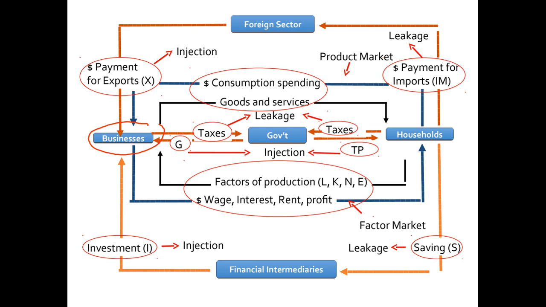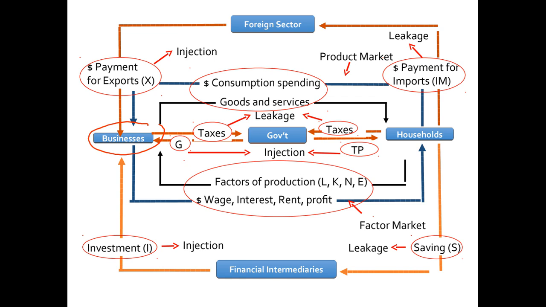So, for example, if the government needs hospital beds for one specific hospital, then the government will buy those hospital beds from the business sector. They are producing all those beds, and the government will pay money and receive beds.